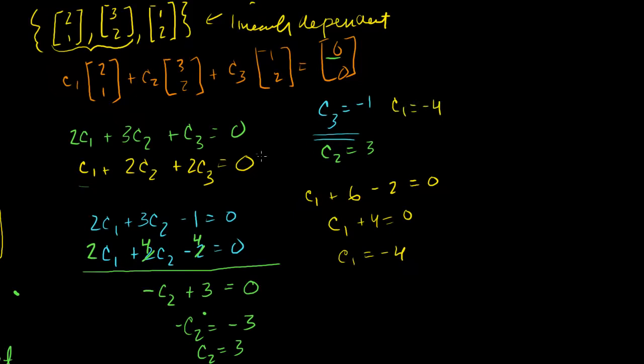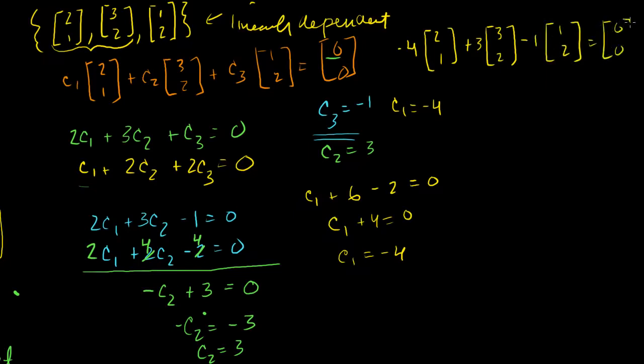So I'm giving you a combination of c's that will give us the 0 vector. If I multiply -4 times our first vector, 2, 1, that's c1, plus 3 times our second vector, 3, 2, minus 1 times our third vector, 1, 2, this should be equal to 0.